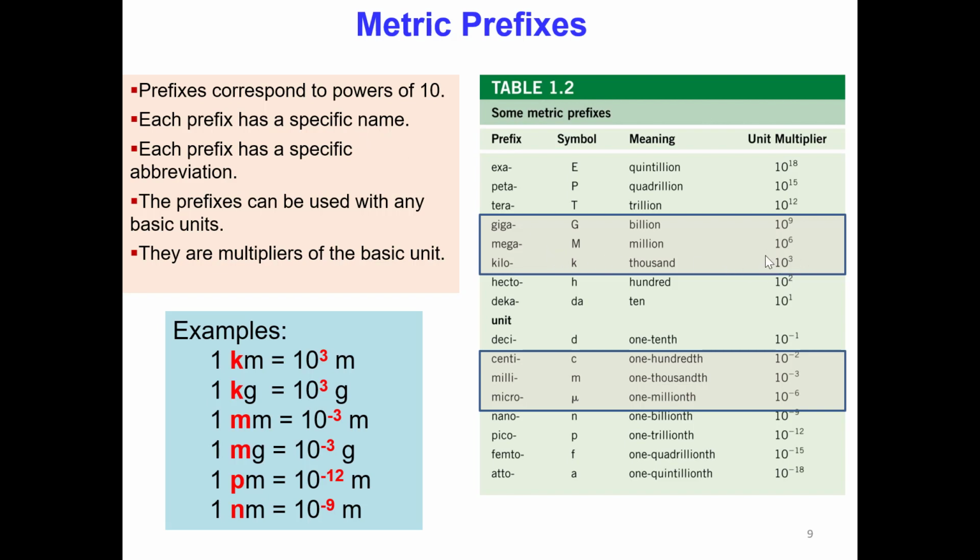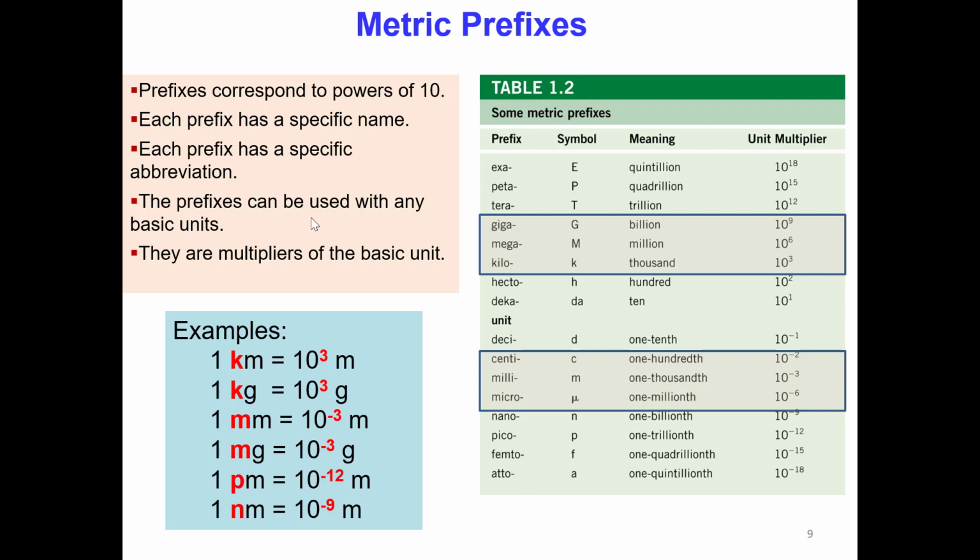For example, 10 to the power 3, the name is kilo. Each prefix has a specific abbreviation. In this particular case the abbreviation is K, and it means 10 to the power 3, which means 1000.